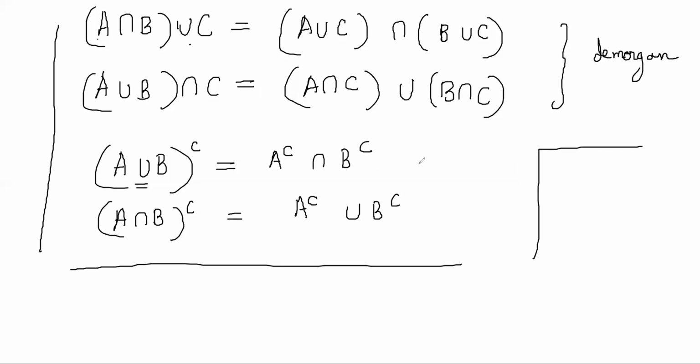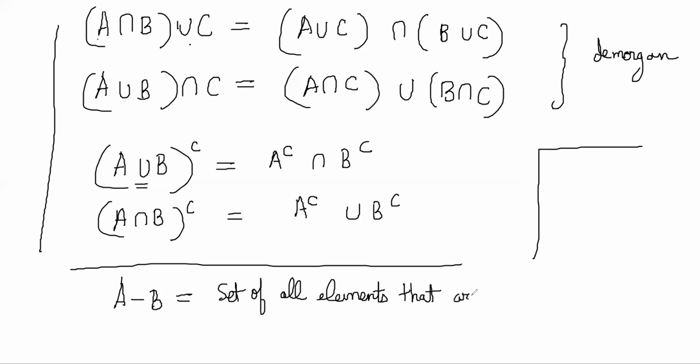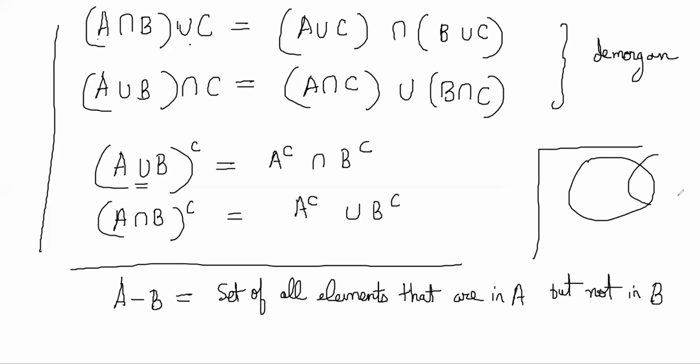Complement, union, intersection, sometimes you also get a difference of two sets. So what is A minus B? A minus B is the set of all elements that are in A but not in B. So you have something like this.